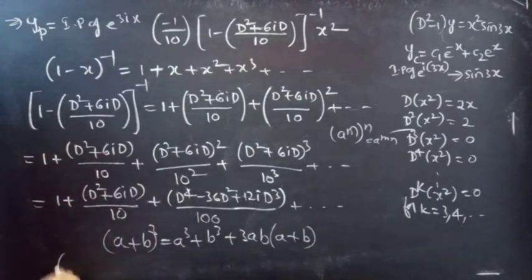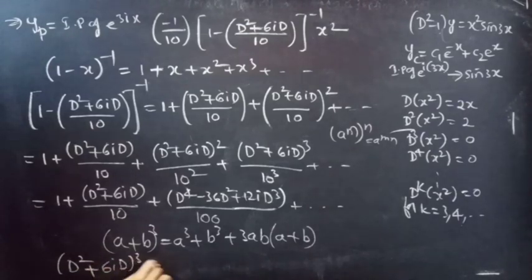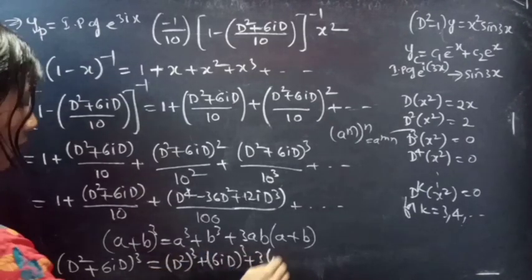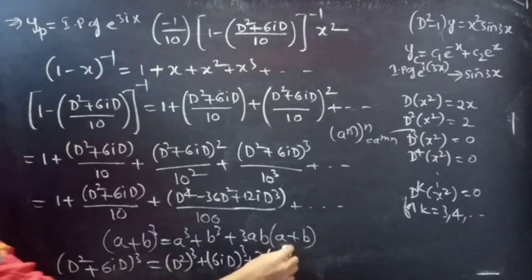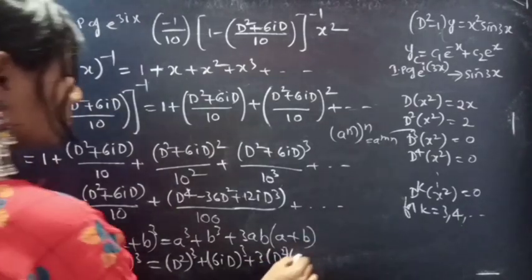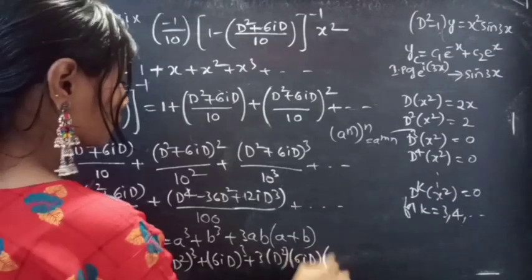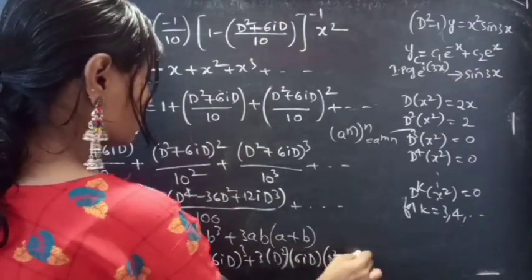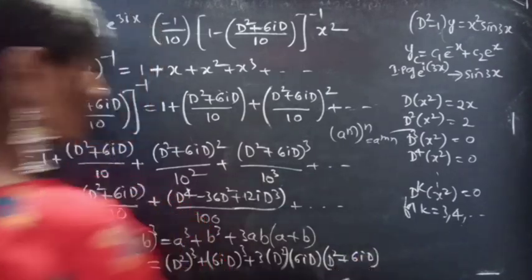We'll get a³, that is (d²)³, plus (6id)³, plus 3 into d² into 6id into (d² + 6id).